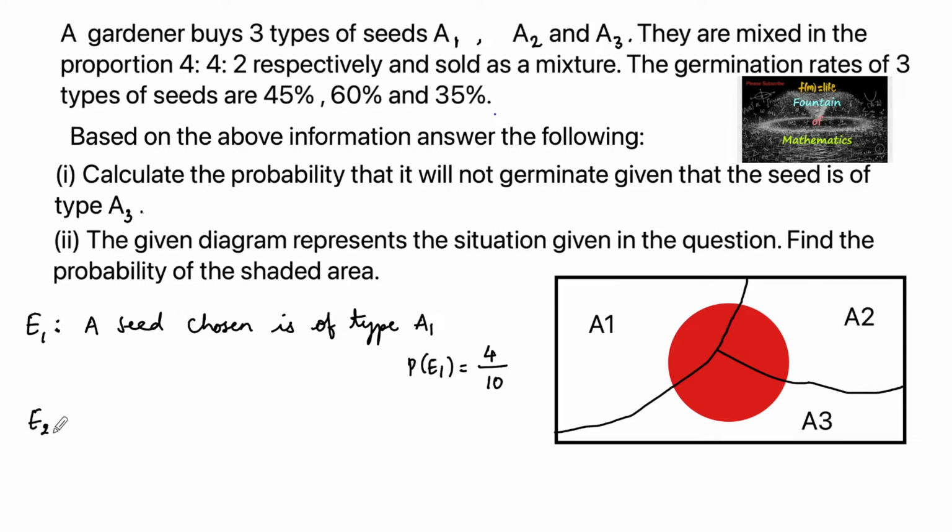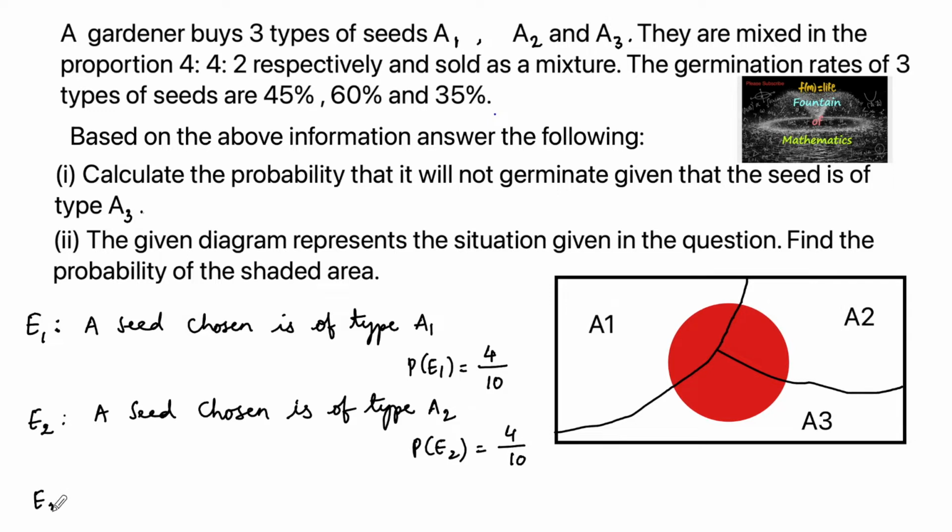And let us consider event E2: a seed chosen is of type A2, so the probability of event E2 is again 4 out of 10.